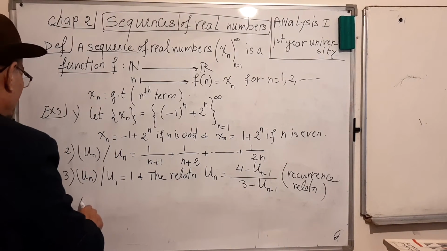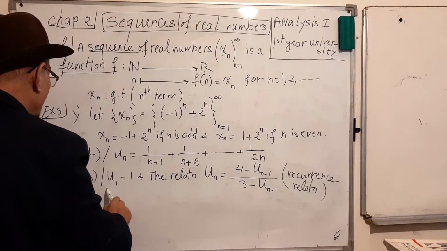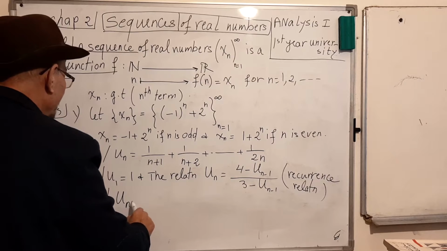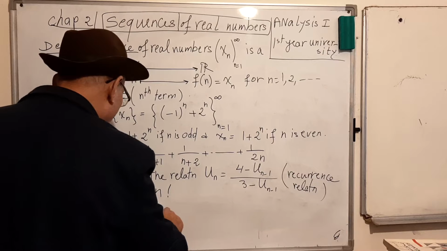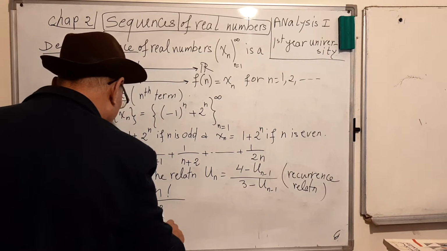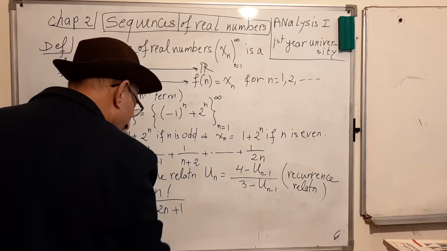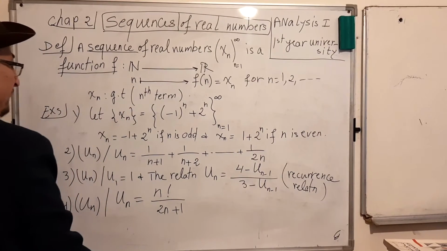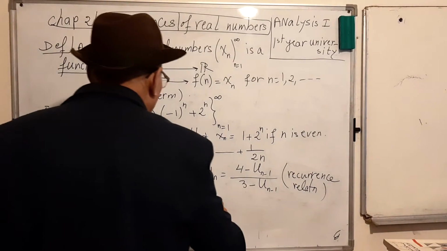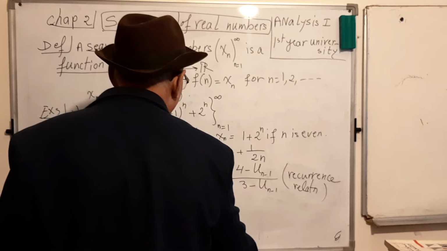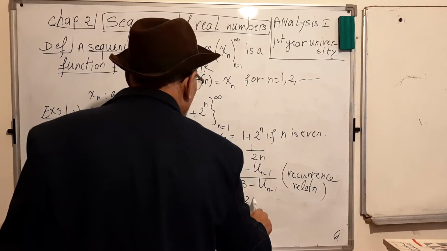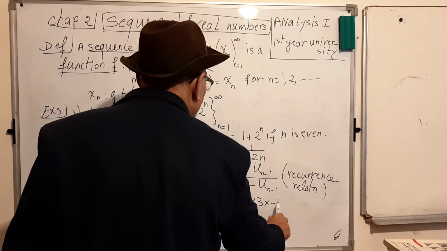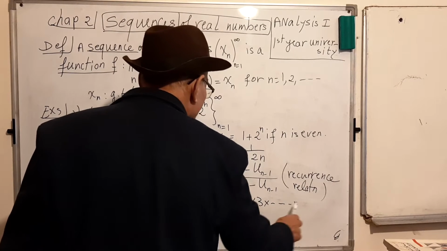Example 4, consider the sequence un such that the general term is n factorial over 2n plus 1, with n factorial being 1 times 2 times 3 times etc. times n.